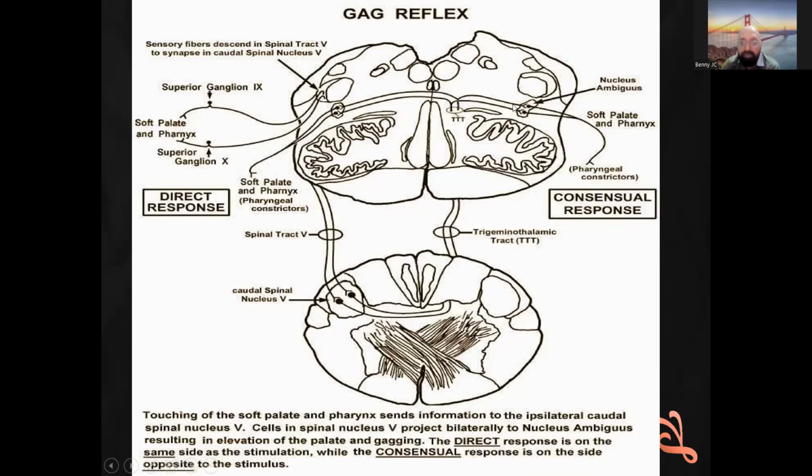The nucleus ambiguus, as we see here, is connecting bilaterally, and as we saw in the earlier slides, it carries motor fibers to the pharyngeal muscles through the pharyngeal plexus. And so that gives the gag reflex, or the response.